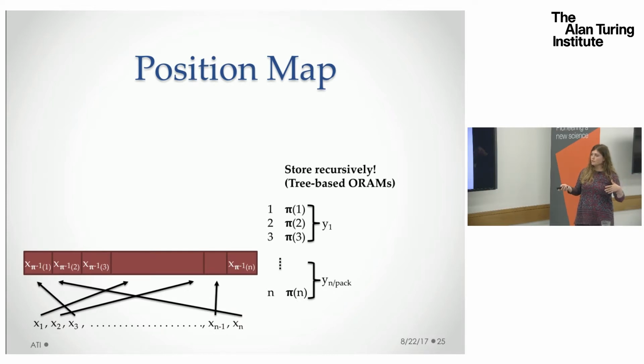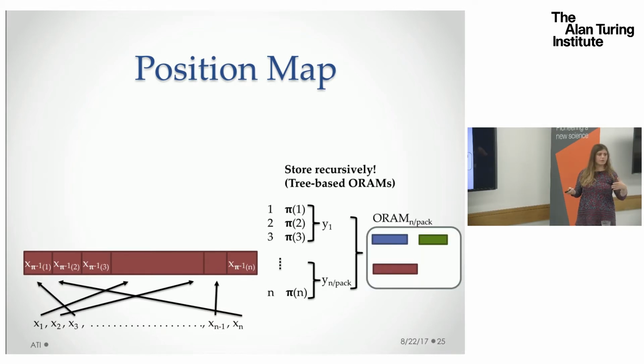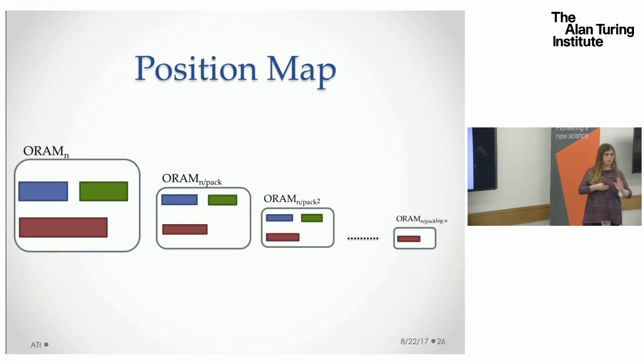And now we take these items and we store them recursively in another ORAM. This ORAM will be smaller, at most half the size of the previous ORAM. So this is how we are going to store the information about the permutation we used to permute our data into the main memory. And once I did it, I can do it recursively.